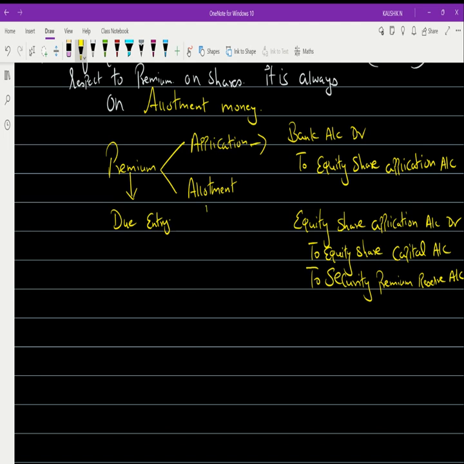Whereas if it is on allotment, then first you will pass the due entry.